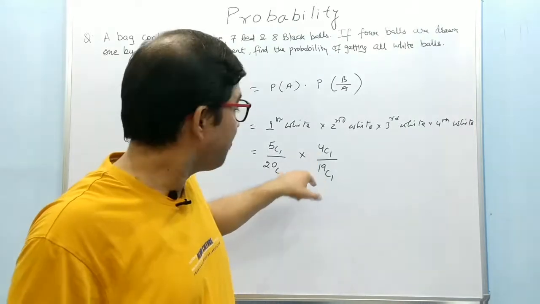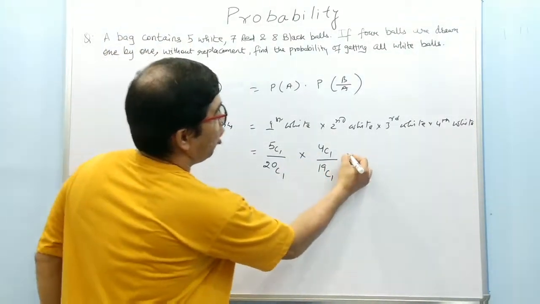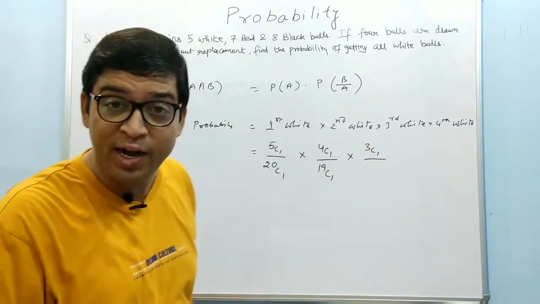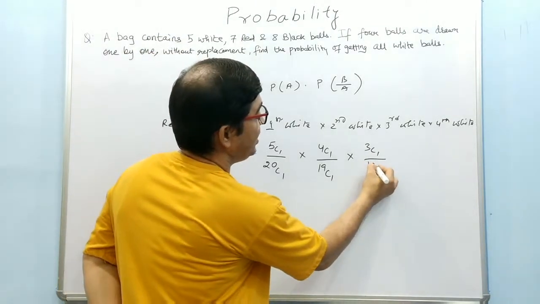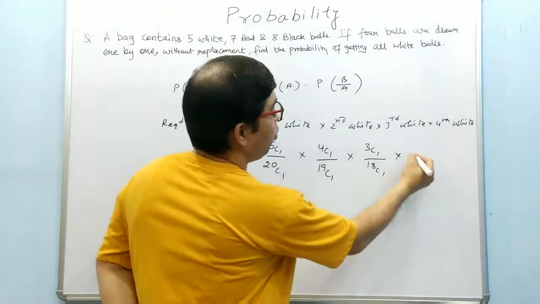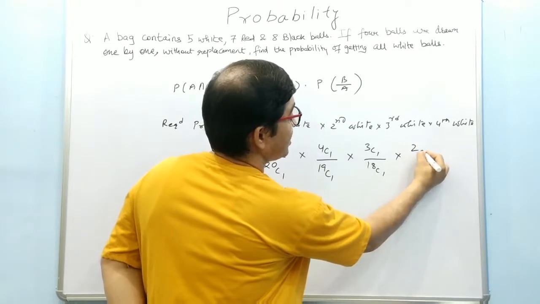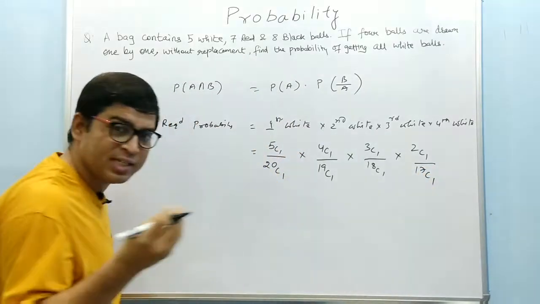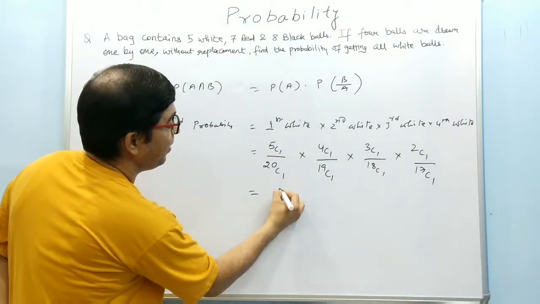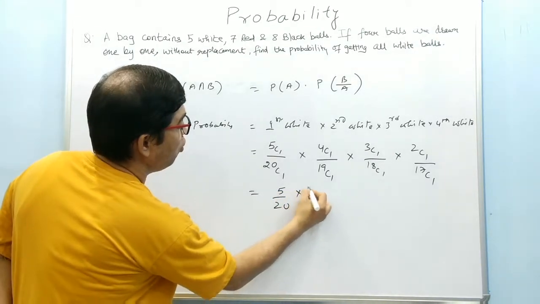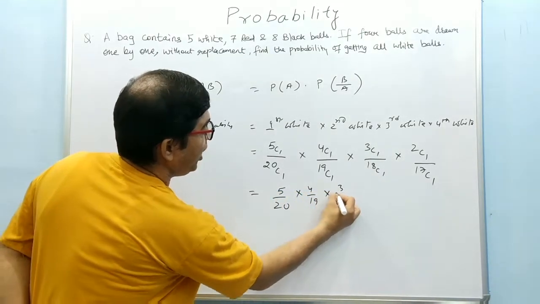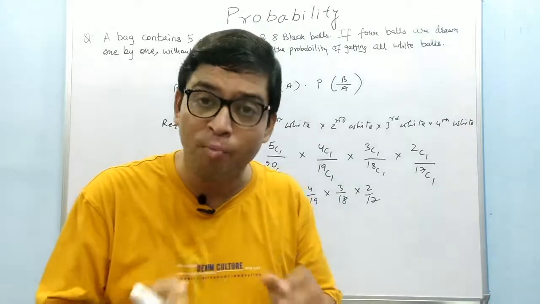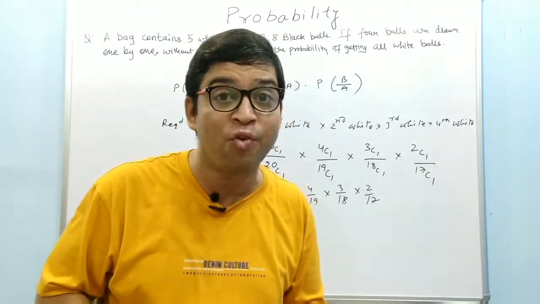Now 3 white balls are left and the total number of balls is now 18, so 3C1 by 18C1. Into, now the last ball, how many options? 2 white balls are left over by 17C1. If we simplify this, we easily get 5/20 into 4/19 into 3/18 into 2/17. So we can find the probability of drawing all the 4 white balls.